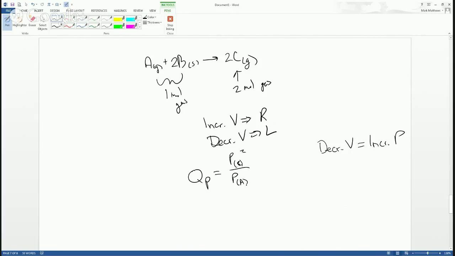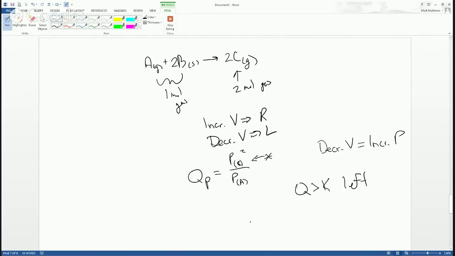So the pressures of both C and A are going to increase, but since it's the square of C's pressure, the increase is going to be greater on the top half of your ratio, which means the net effect is that Q is going to start to get bigger, and it'll eventually get bigger than K. And if Q is bigger than K, that's a shift to the left.